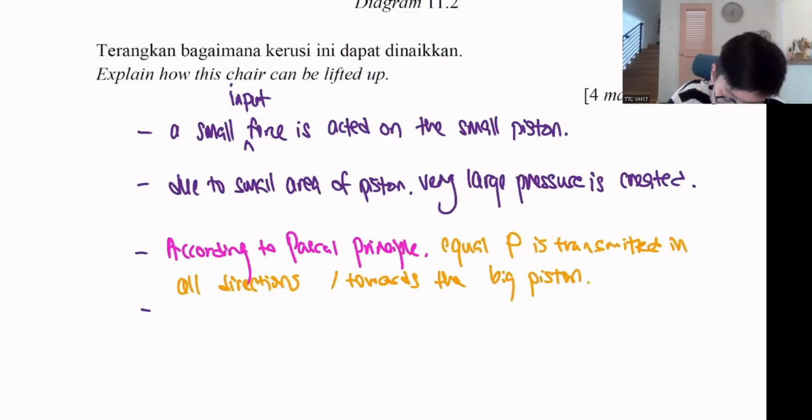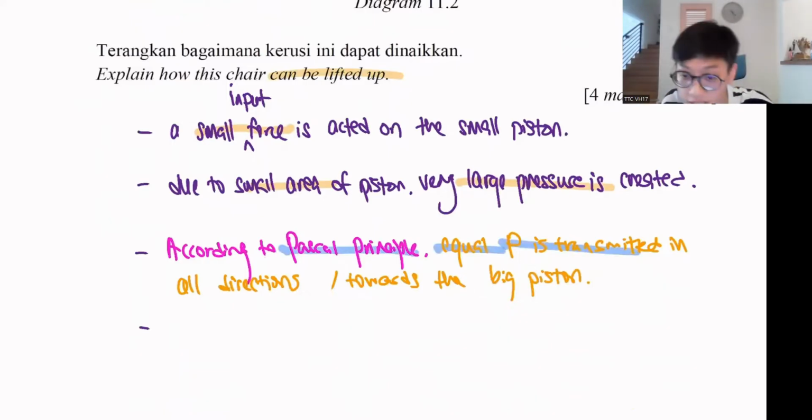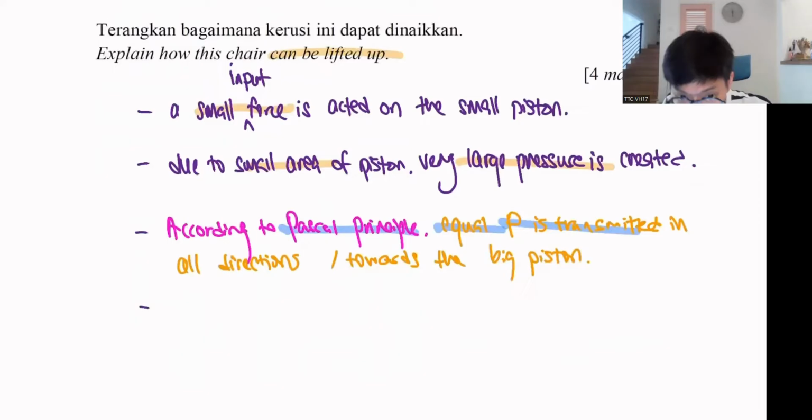All right, so the first part is I push a small force, because now you have to say how it can be lifted up. Then I can say because it's a small area, a large pressure is created. Then what happens? Because of Pascal's principle, your pressure is transmitted equally. You can change it to pressure is transmitted equally in all directions, or equal pressure is transmitted in all directions towards the bigger piston. Okay, last part.